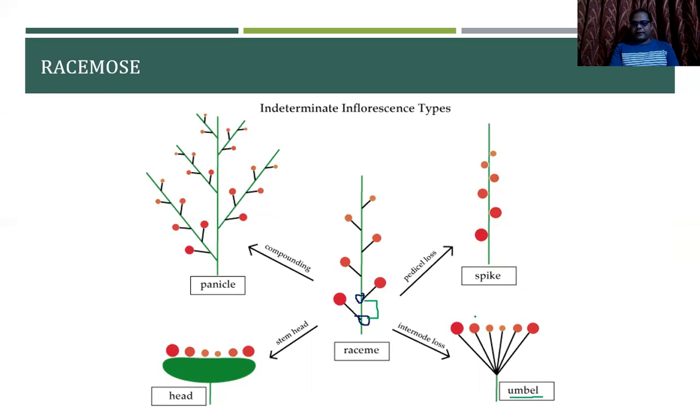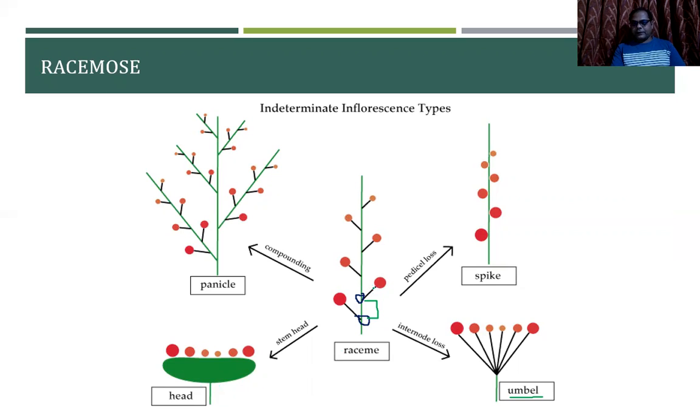Always remember that racemose is the inflorescence where the younger flowers are on the top and the older towards the periphery. In the umbel, the younger flowers are towards the center and the older flowers are towards the periphery. Now, if this node gets converted into a head-like structure, it forms the capitulum inflorescence.